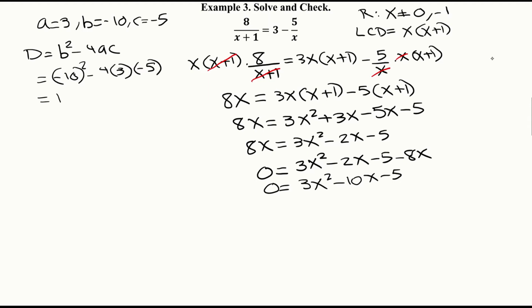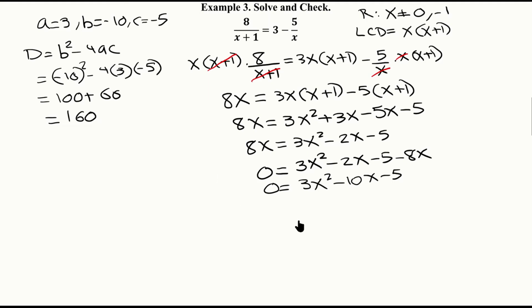So we end up with 100 minus, actually the minus and the other minus will multiply to give us plus. 4 times 3 is 12, times 5 is 60. So we get 160.